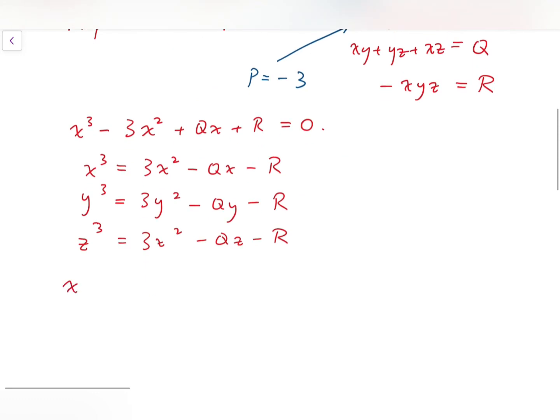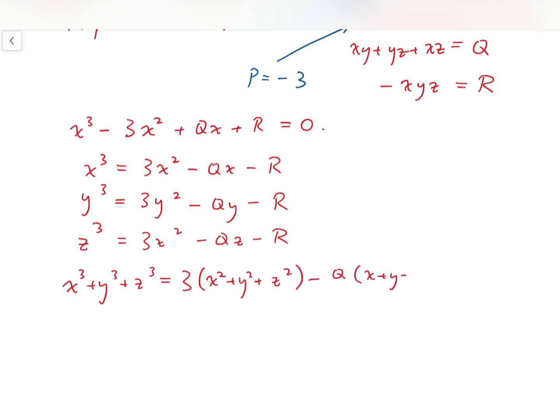And so if I add them up, I'll have 3 times the sum of squares minus q times their sum. We know that's 3, but it's not that important for the time being. And then minus 3r. So in that case, I can degenerate the sum of powers into a sum of smaller powers.